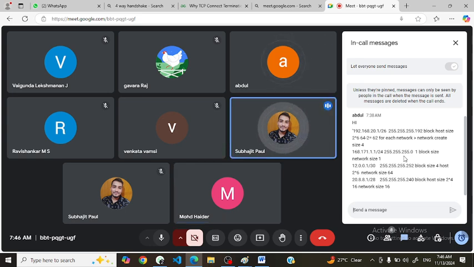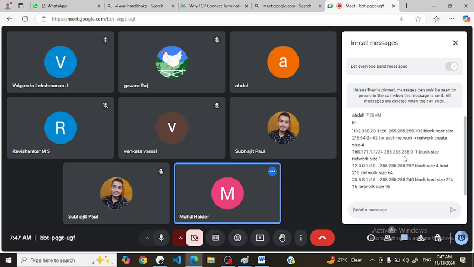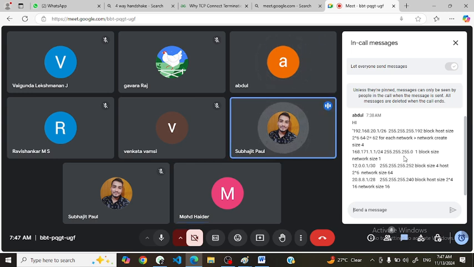The last one, the subnet mask will be 255.255.240.0, and the block size will be 16.